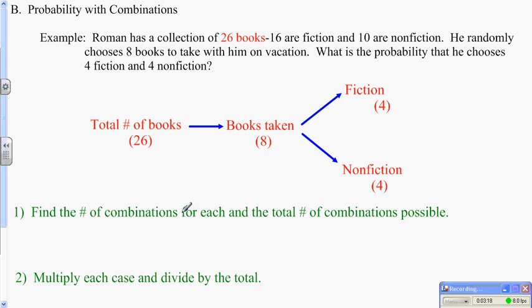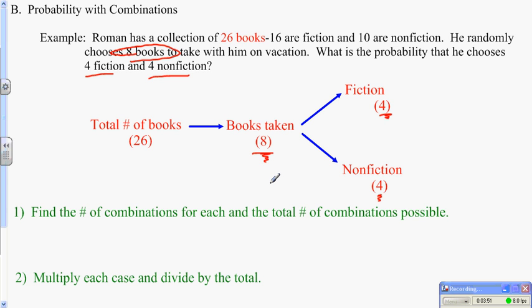Here's what we're going to combine with what we learned from combinations. We have 26 books, 16 are fiction, and 10 are nonfiction. He randomly chooses 8 books to take with him. What's the probability that he chooses 4 fiction and 4 nonfiction? So there's 26 books, 8 are taken, and here are our prerequisites.